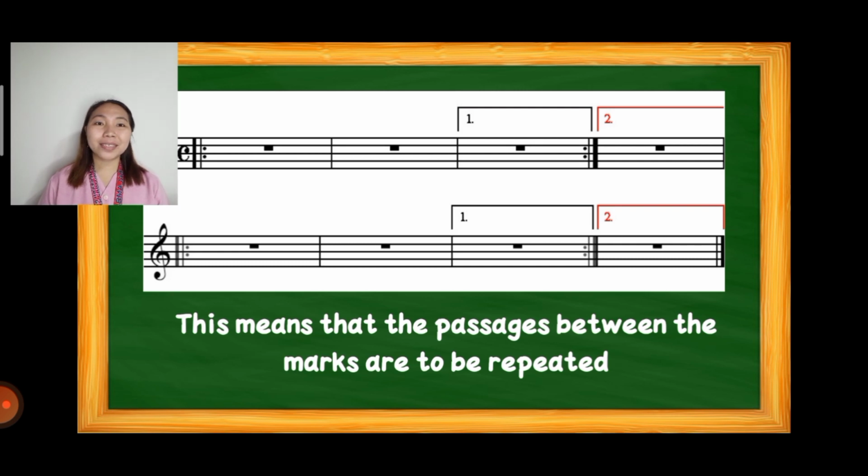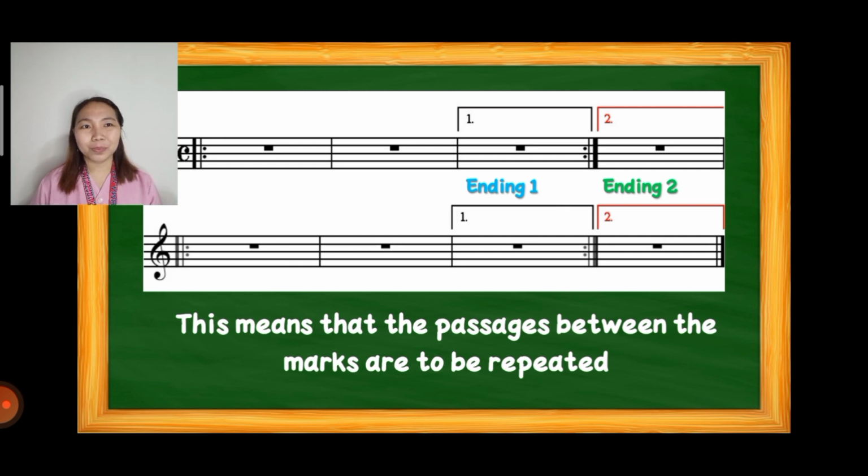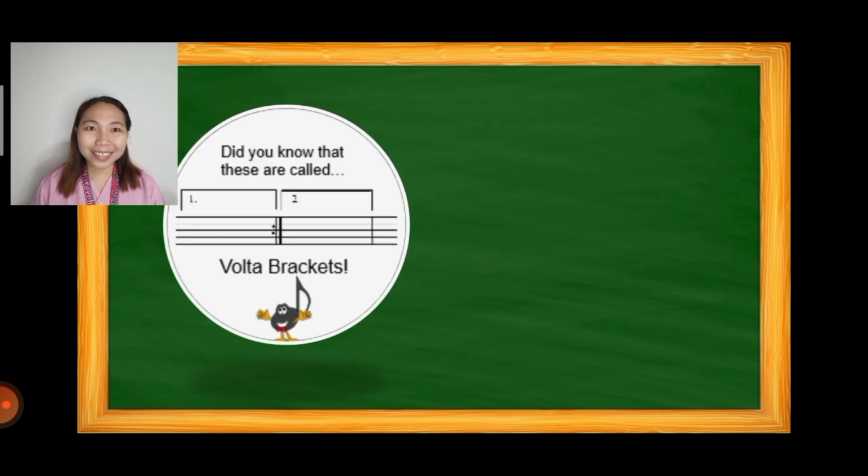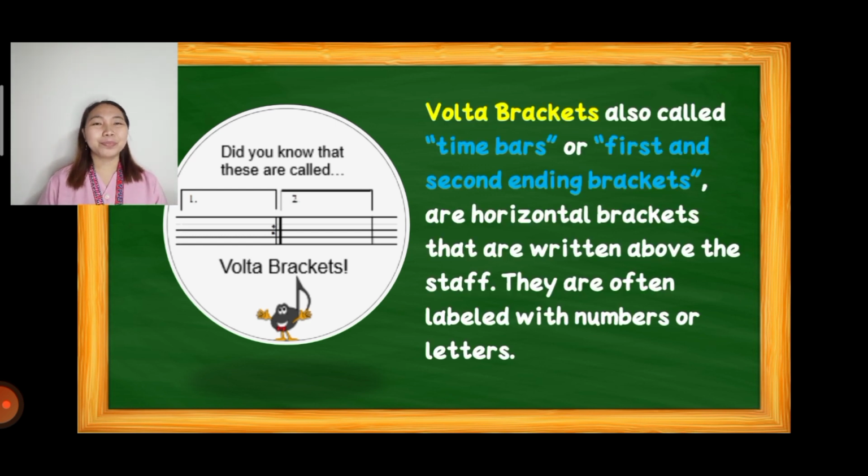So this means that the passages between the marks are to be repeated. So we have here the number 1 is what we call the ending 1 and the number 2 is what we call the ending 2. Did you know that these are called volta brackets? What are volta brackets?